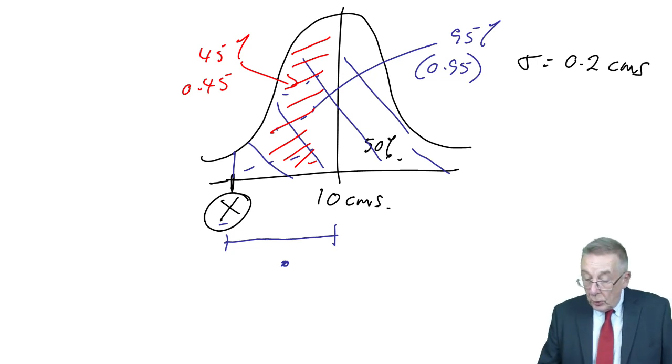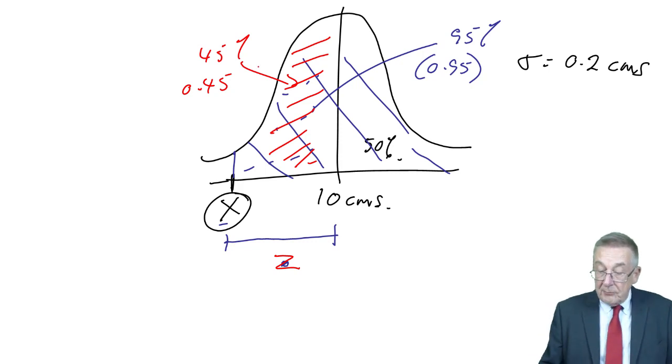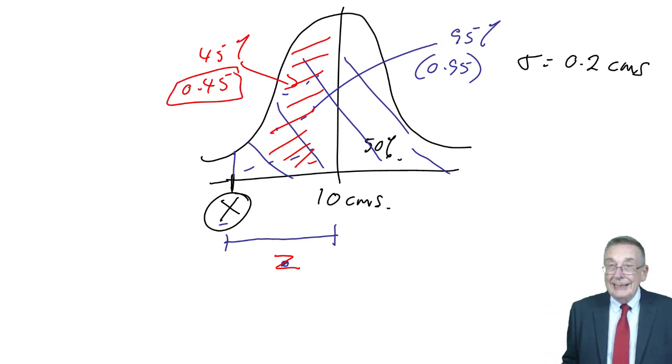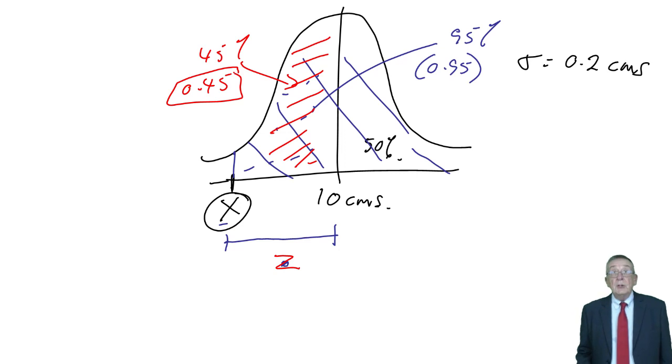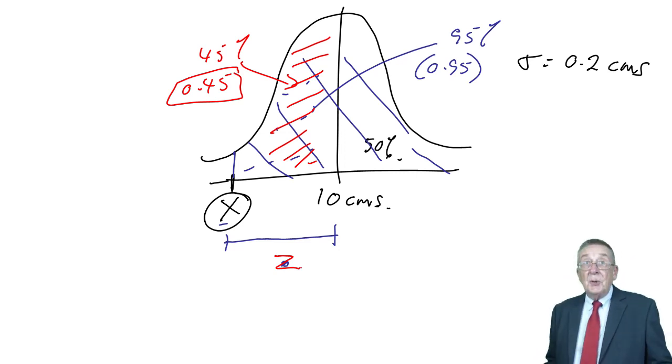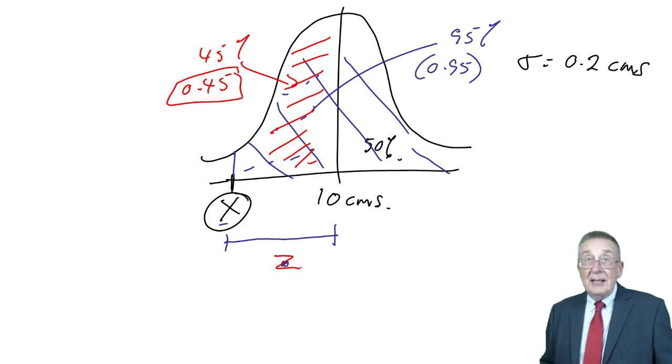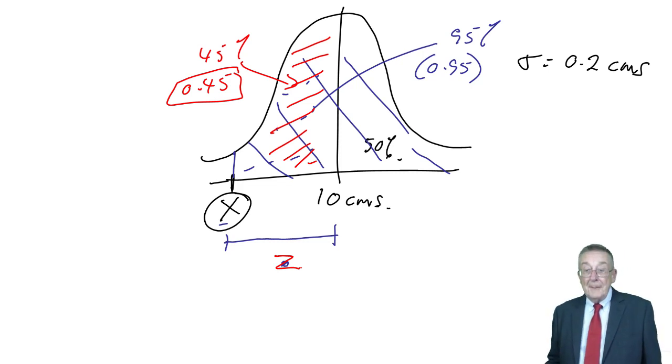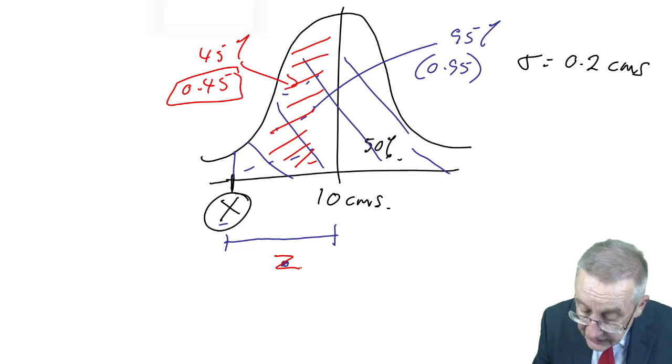And so whereas before we looked up the z-score and got an answer of 0.45, this time we're going to look backwards and say, well, what's the z-score that gives an answer of 0.45? Look again at the tables.